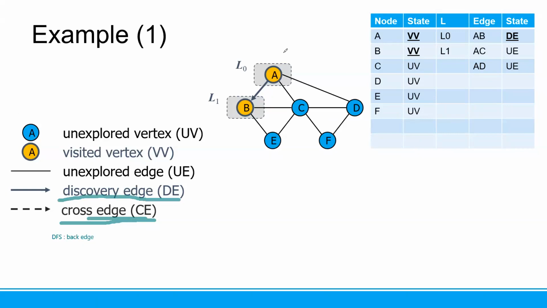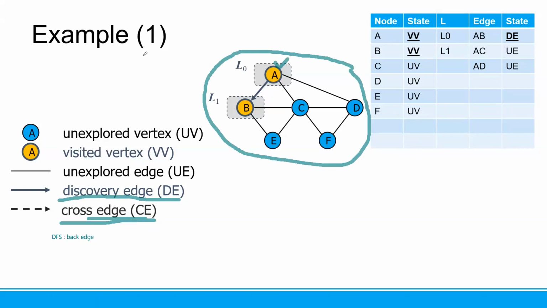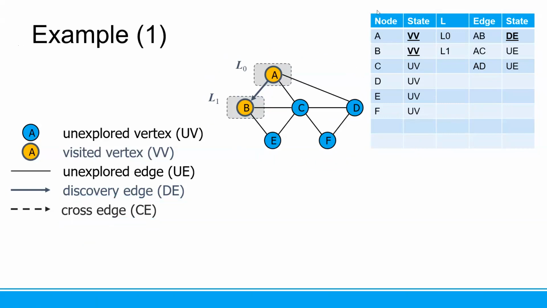Now let's assume we have this graph, and I want to start from A. L0, or level 0, will have only A as the element. After we have A, I will explore every neighbor.